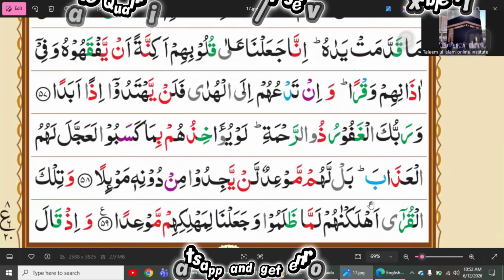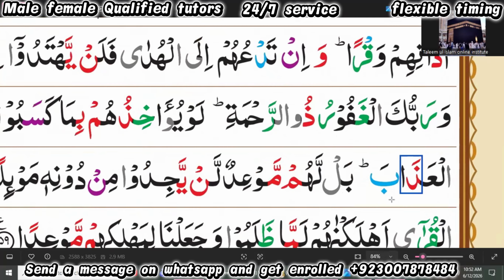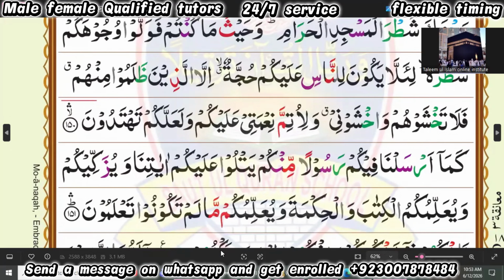Secondly, this one. This one is alif madda. After alif madda, there is ba, but there is fatha, and at the time of stop we will change it into sukun. So we will read it like Azab. This one you can see that there is waw madda, and after waw madda, this one is fatha, and we know that at the time of stop, we change fatha into sukun.